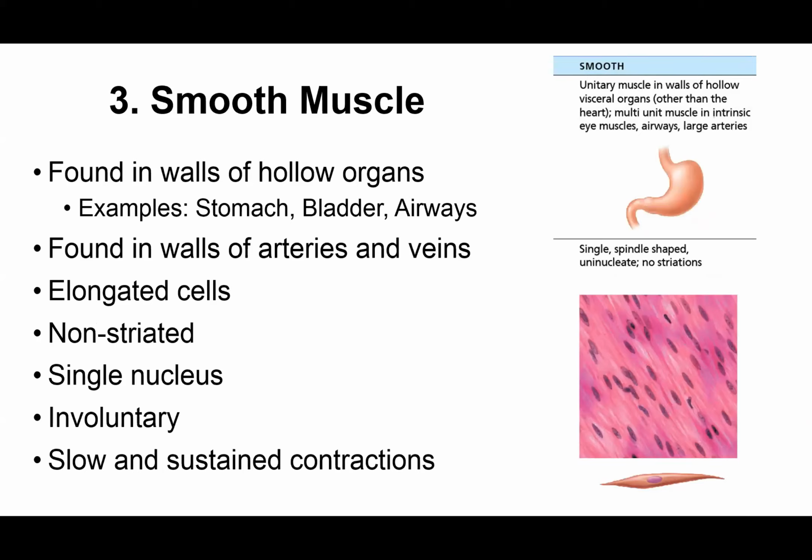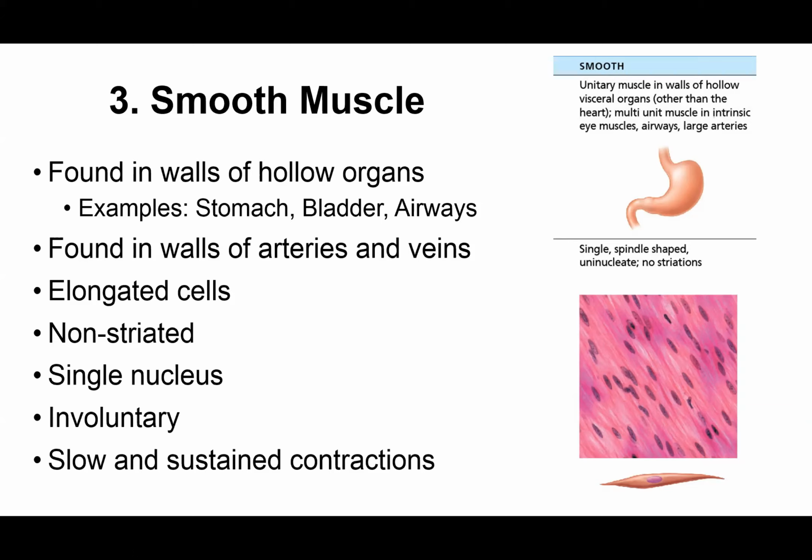Finally is the smooth muscle, and I'm just going to briefly talk slightly more about this. It is in the walls of our hollow organs like the stomach, the bladder, the airways, but it's also found in the walls of our arteries and our veins. So we know that sometimes our arteries get bigger and sometimes they get smaller.